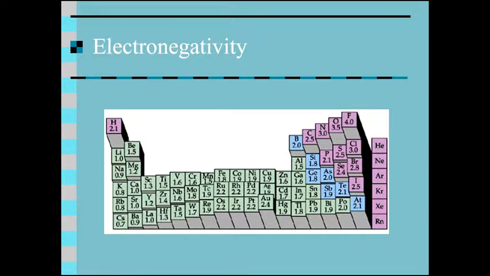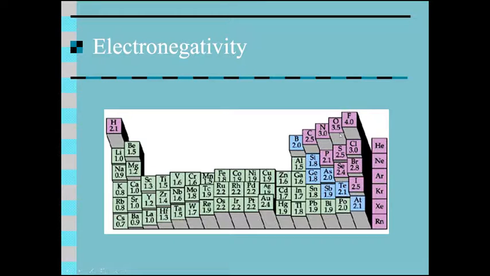Therefore, it has a high affinity toward electrons, and its demand for electrons is much higher than oxygen and then nitrogen, because oxygen requires 2 electrons and nitrogen requires 3 electrons to fill the shell. Fluorine requires only 1 electron, its size is much smaller than all these, and it has more protons. Therefore, its electronegativity is the highest in the periodic table, and it is a very reactive element.